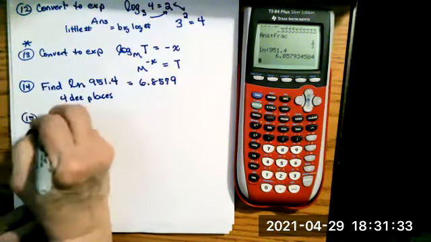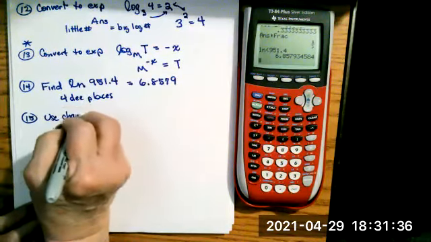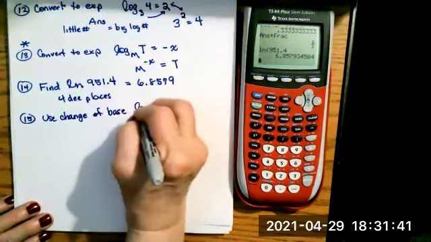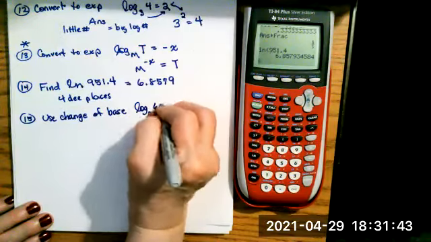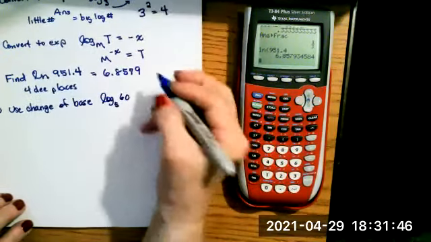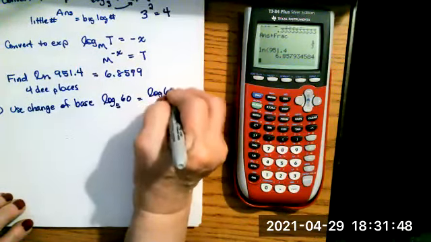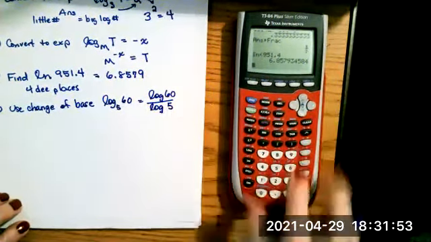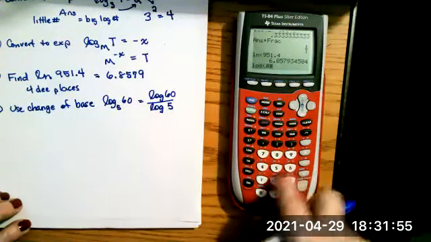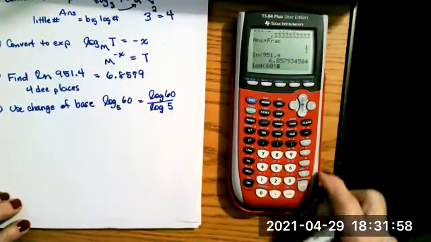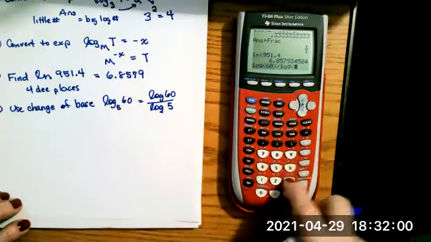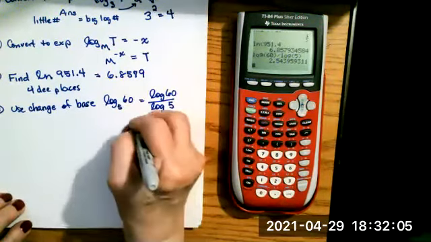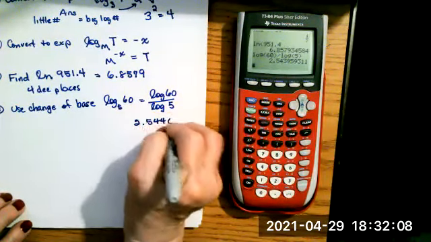Number 15 says use change of base. Log base 5 of 60. So in your calculator, you would do log 60 divided by log 5. So log 60, don't forget to close your parentheses, divided by log 5, and you get 2.5440.